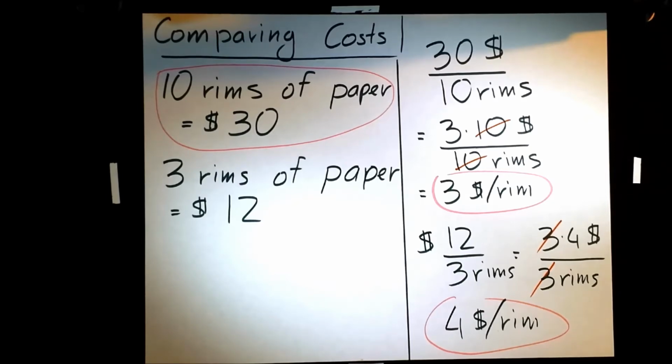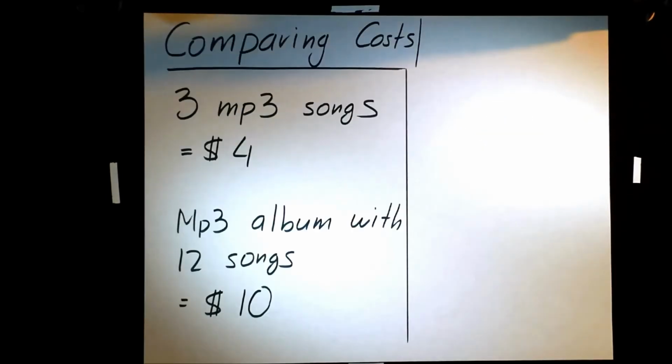Let's do one more and then we're done. Alright, here I'm comparing the price of songs. I have 3 MP3s for $4, or I can buy an album of 12 songs for $10. Which one's a better deal? I need to find the unit rates, so I'm going to do that.